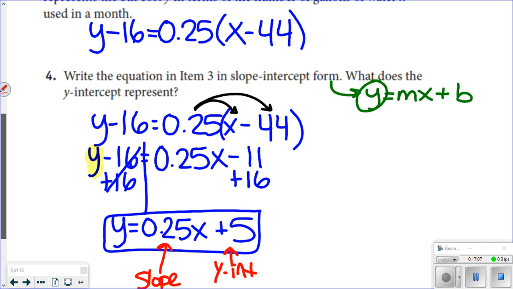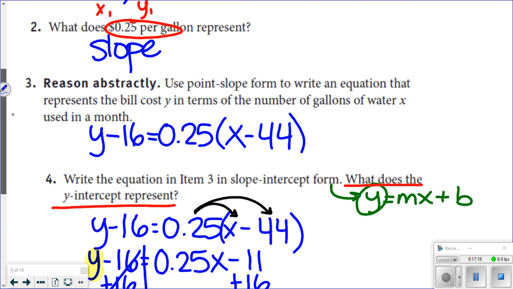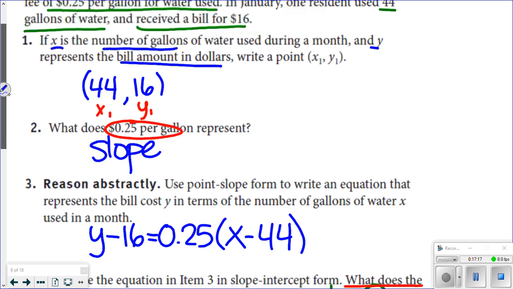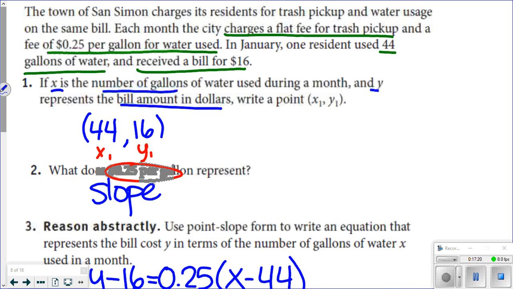And notice what the question says. What does the y-intercept represent? Well, if I go back up to the original question, I read and I underlined the very first thing here. Each month, the city charges a flat fee for trash pickup.